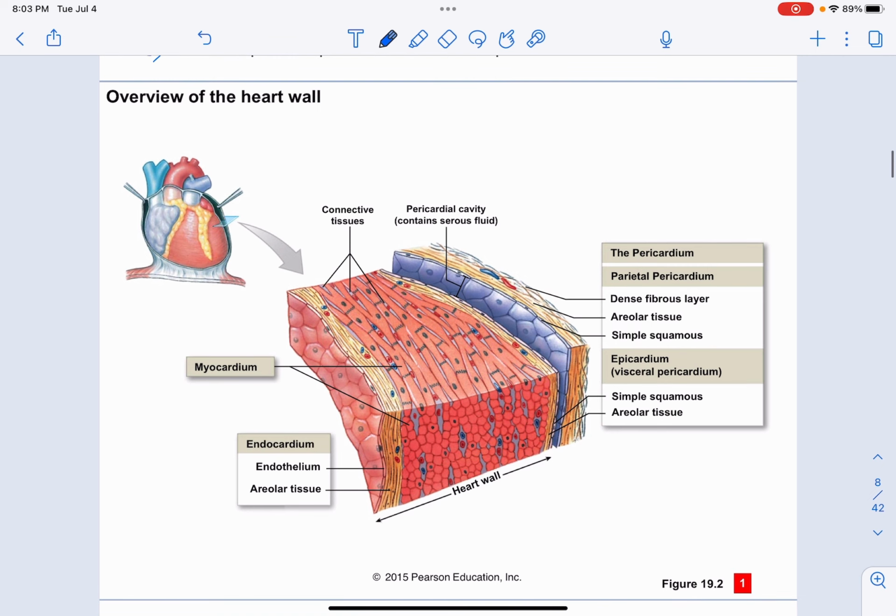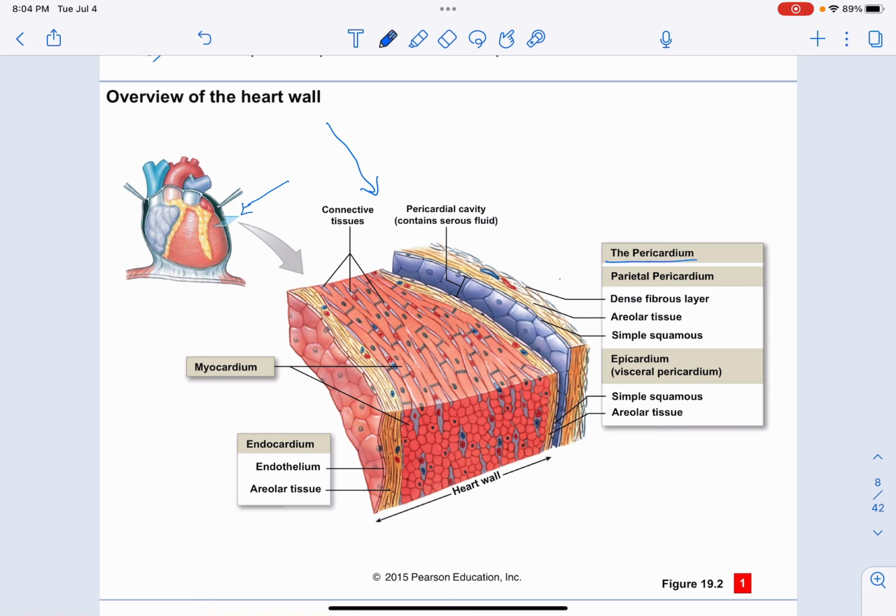So here we're taking a closer look at these layers that I've just been talking about. We're taking a little section through the heart and then blowing it up so we can really see what these layers are all about. This is showing you the pericardium and what makes up the pericardium.